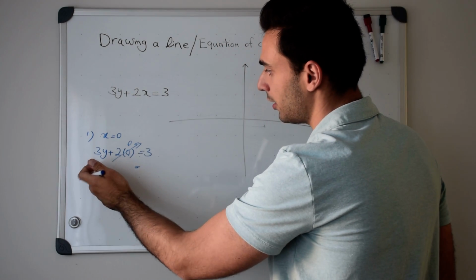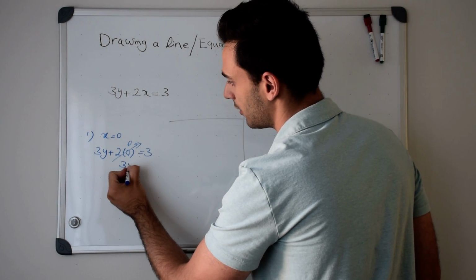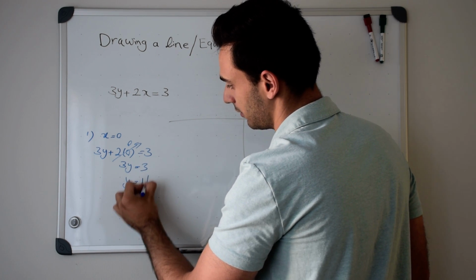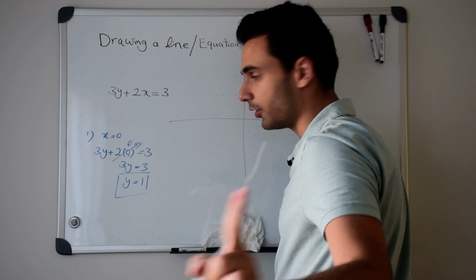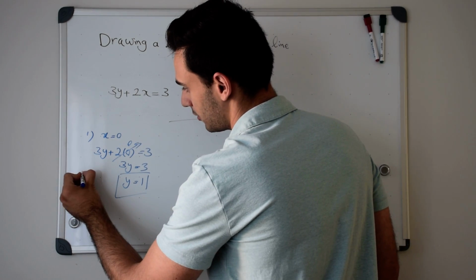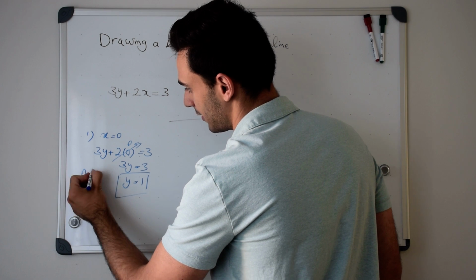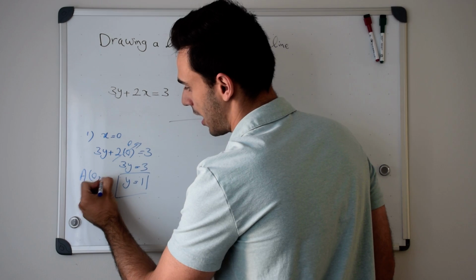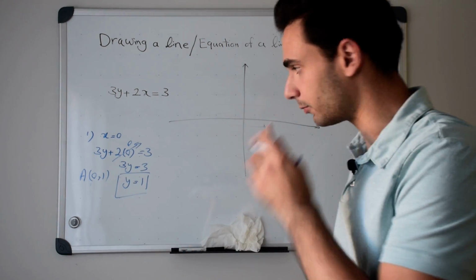So I have 3y equal 3. What is y? 1. So I get 1 point here. x is 0, y is 1. So point number 1, let's say point A, is 0 and 1.